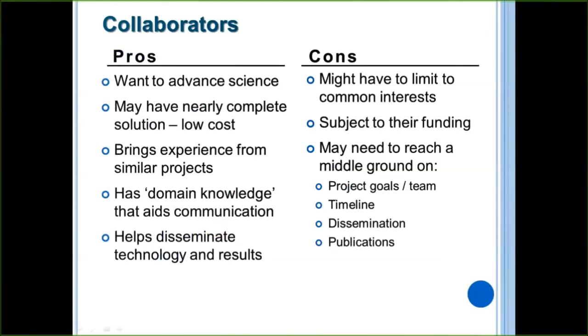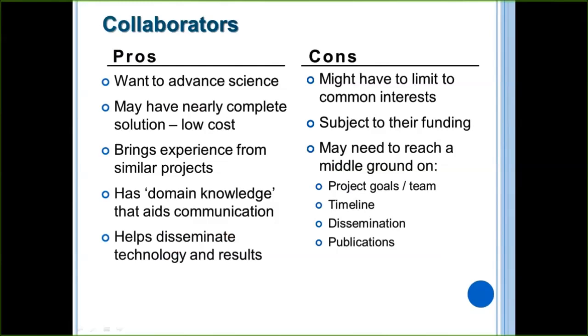So some of the benefits of having collaborators, just like you, they have the same interests. They want to see science advance, so they may pick up even more of the burden than you would expect. This increases the chances that they also already have technologies that you can adopt. But it could limit your choices if your project is in a field that has a lower profile among the potential collaborators.